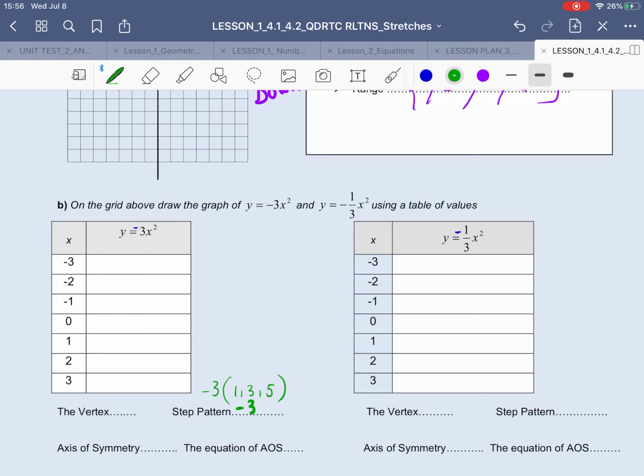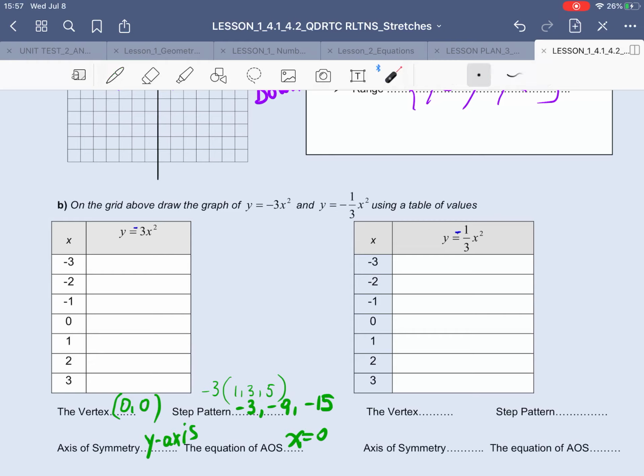So it will become -3, -9, -15. For the vertex, it's still going to be at 0, 0. That's because when x equals 0, y equals 0. And when we multiply x squared by a number, the vertex didn't change. And so was the axis of symmetry still the same, which is x equals 0.